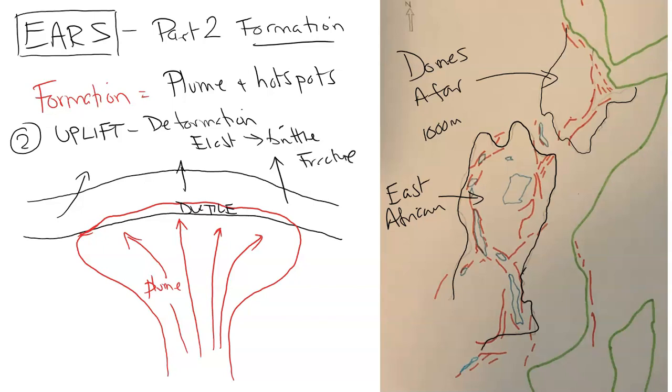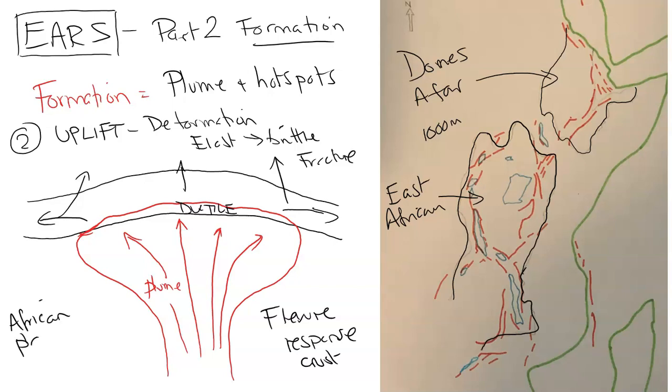And what's going to happen is you'll have the pushing to the side of this crust. You'll have this flexure response from the crust and lithosphere, which is the plate. In this case, it is the African plate or lithosphere.